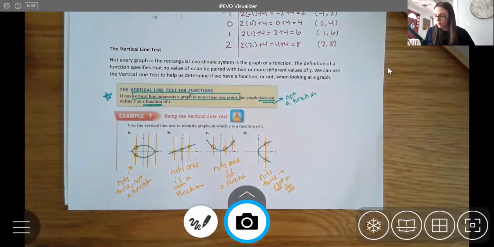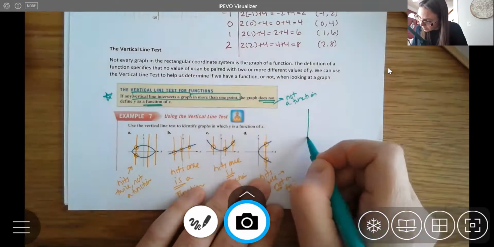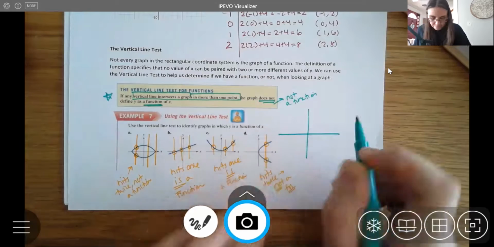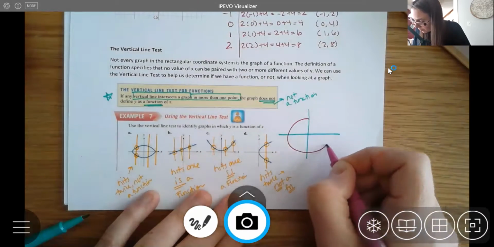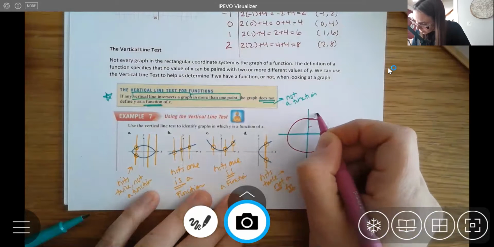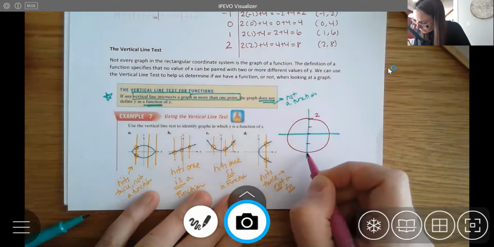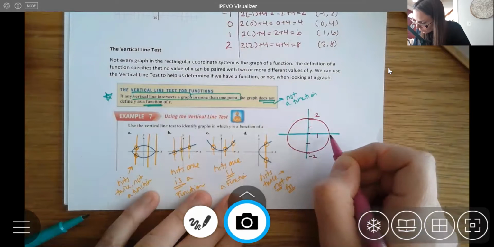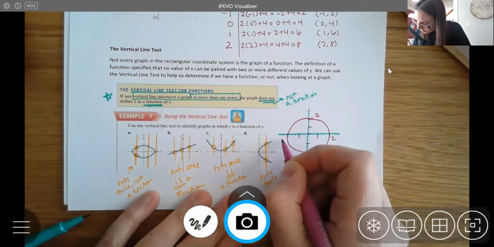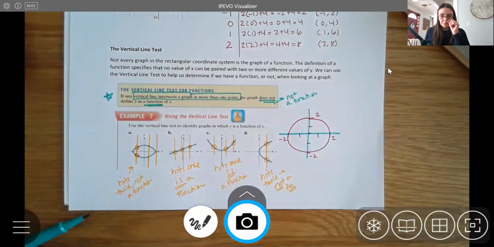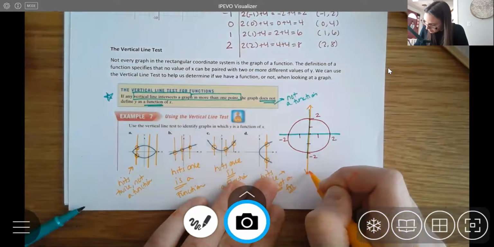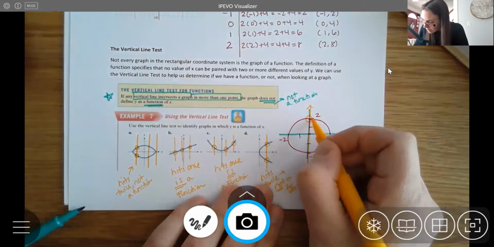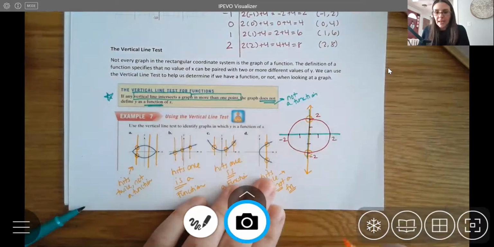Now, the reason why this works, let me show you a quick example here. Let's say I had a nice circle, and the points are 2, 0, -1, -2, 1, 2, -2. Okay. So let's consider drawing a vertical line right here. So we hit twice, right? Notice what's happening.